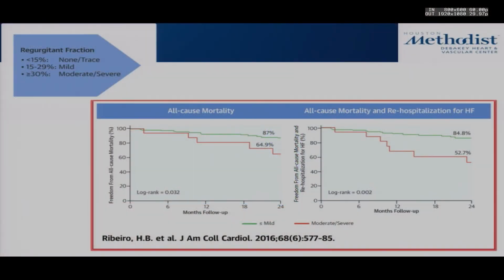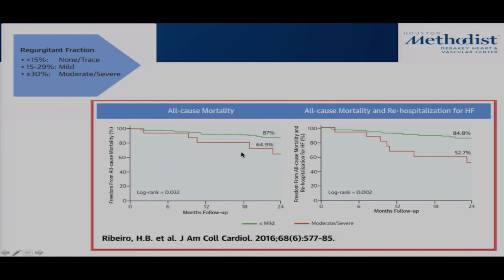And there's one thing I do want to touch on, which is, obviously we're going to see more and more patients now with paravalvular regurgitation after a prosthetic or after a TAVR valve. There is some data looking at the predictive value of CMR in paravalvular regurgitation, showing in fact that a regurgitant fraction of more than 30% is associated with an adverse outcome.